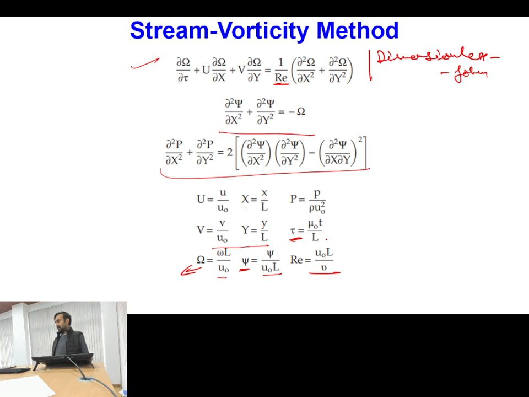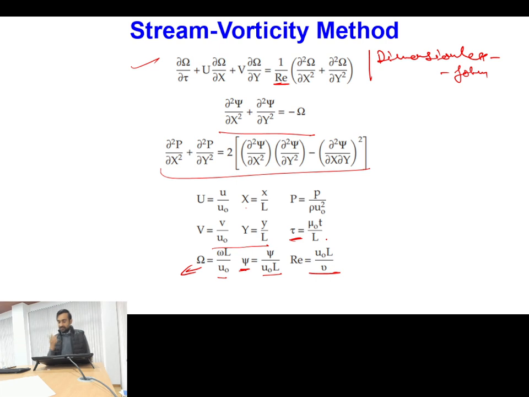So what I suggest is that, because all of you have some idea of computational fluid dynamics and the finite difference approach, I think all of you have studied it in much detail. If you don't know the finite volume or element methods, then at least the finite difference approach all of you know very well.